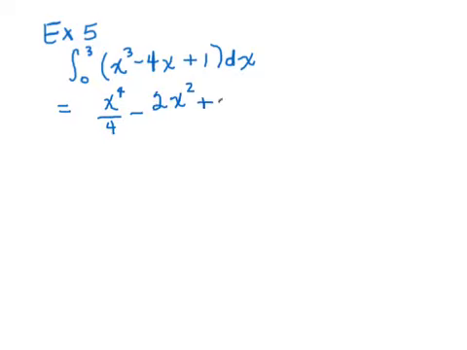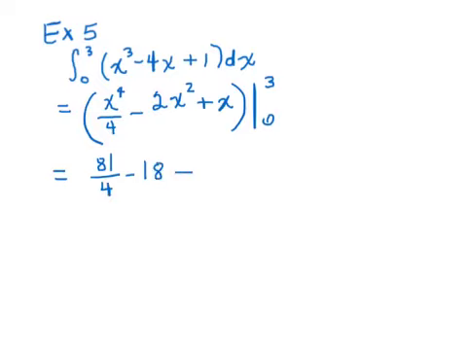And then we have plus x. So from 0 to 3, we plug in. Always plug the 3 in first, it's bigger. So 3 to the 4th power, that is 81. And 2 times 9 is 18, and then plus 3, all in parentheses.